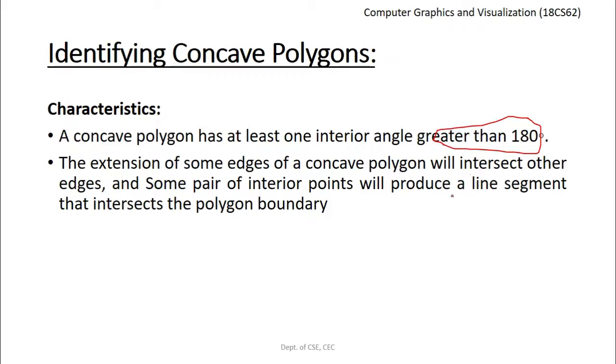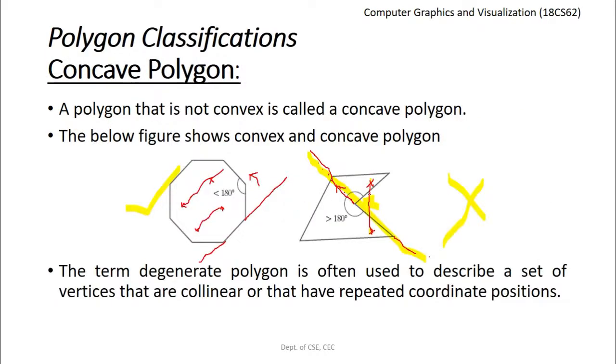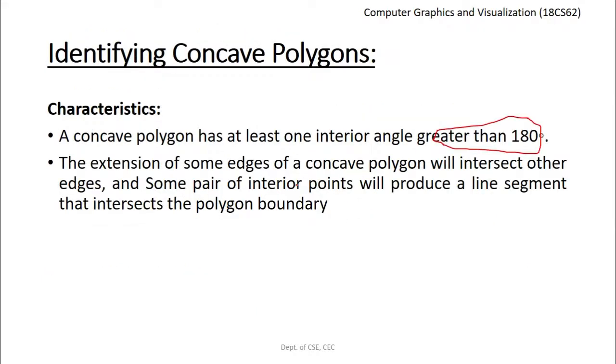Some pair of interior points will produce a line segment that intersects the polygon boundary. We just discussed that, that is this line segment. It intersects the polygon boundary. So these are the characteristics of a concave polygon. All these characteristics are opposite to those of a convex polygon.